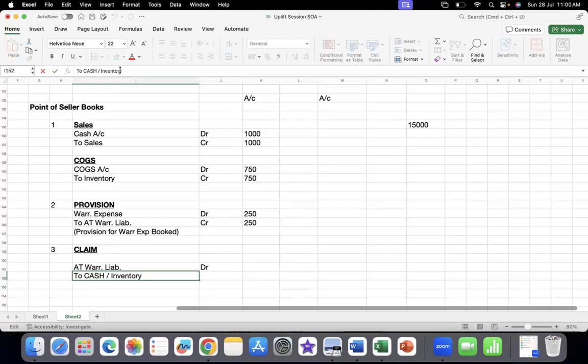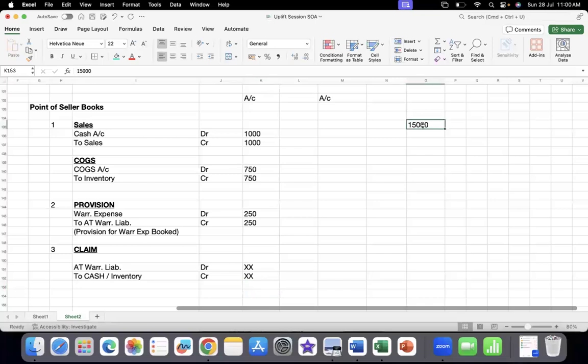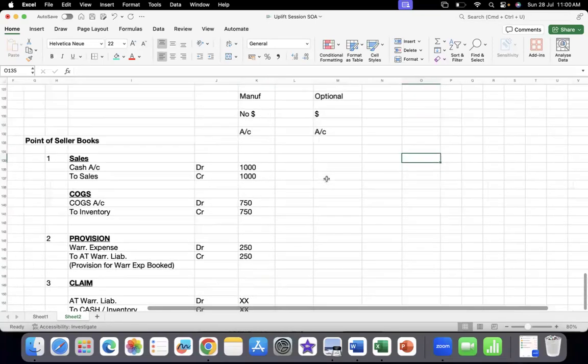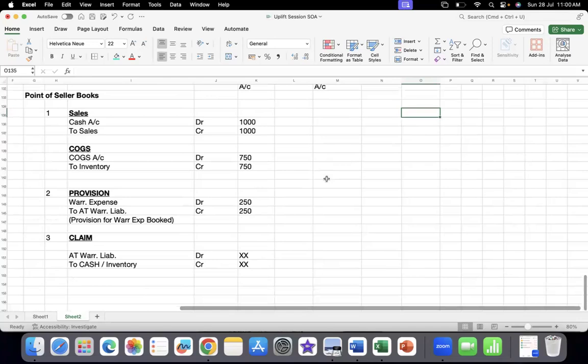Inventory to be credited, based on the liability value which you have. That's what happens when you book an assurance type warranty.